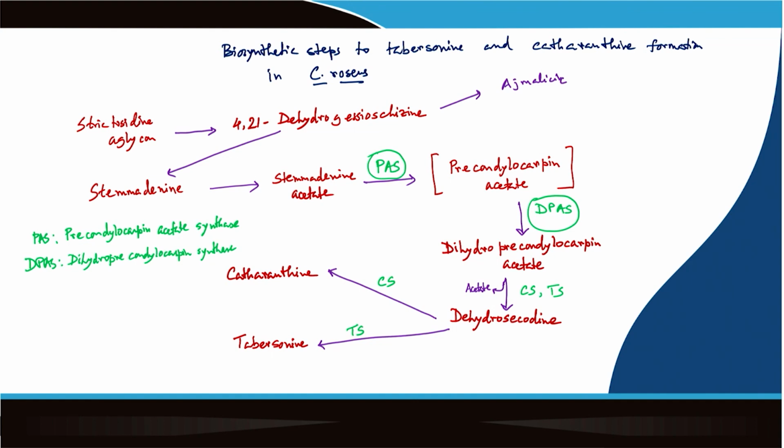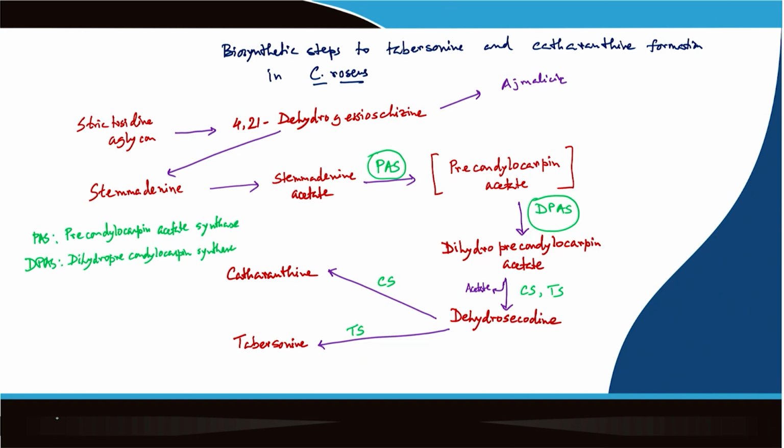So, in order to check the activity, they have done virus induced gene silencing of TS, which stands for tabersonine synthase, and CS, which stands for catharanthine synthase.